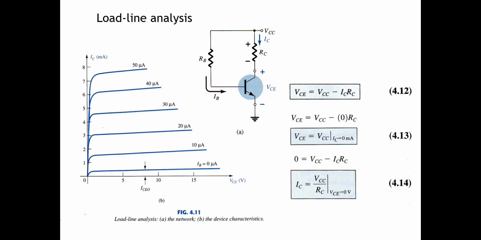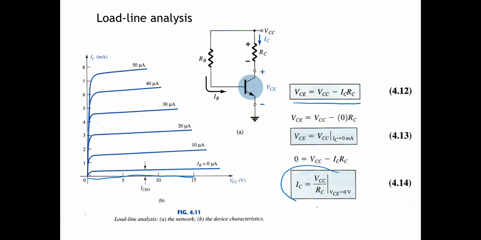In order to draw the load line, we make an x-axis and y-axis here. First, we have to put the cross section on the y-axis. VCE is equal to VCC minus IC RC. When IC is equal to 0, we get the point on the x-axis.